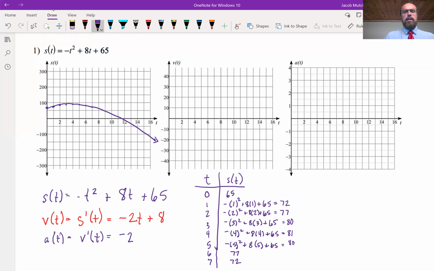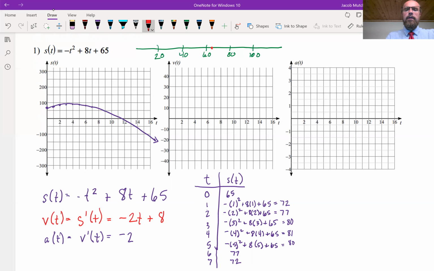And so as we think about what this would mean in terms of an object moving along a horizontal line, if I have this horizontal line here, marked with some distances, let's just say 20, 40, 60, 80, 100. As I track a particle at time 0, it would be at 65, so just roughly here.